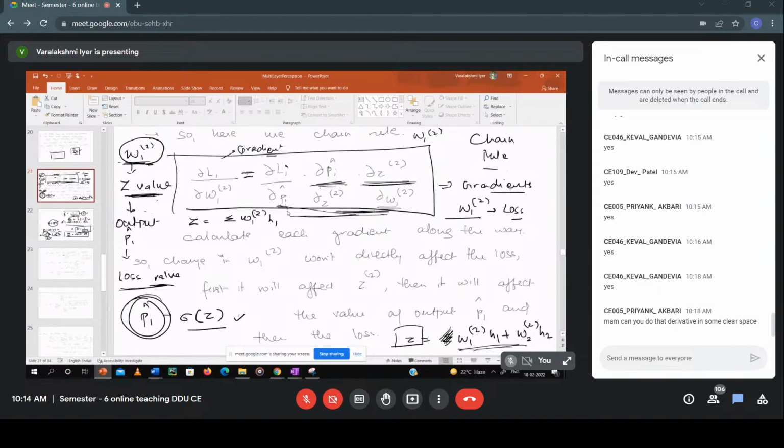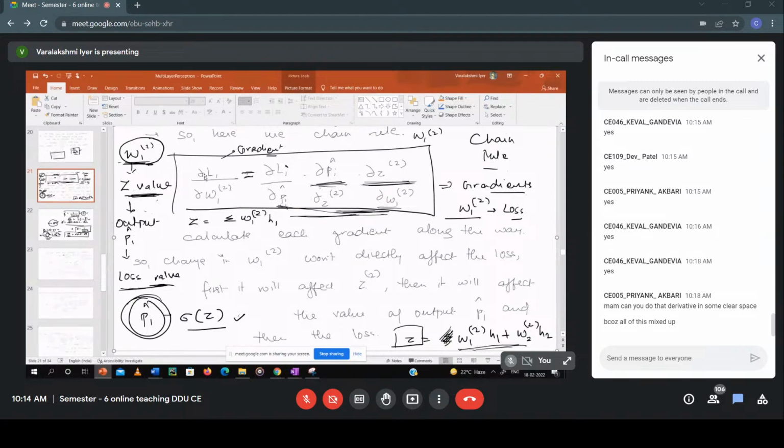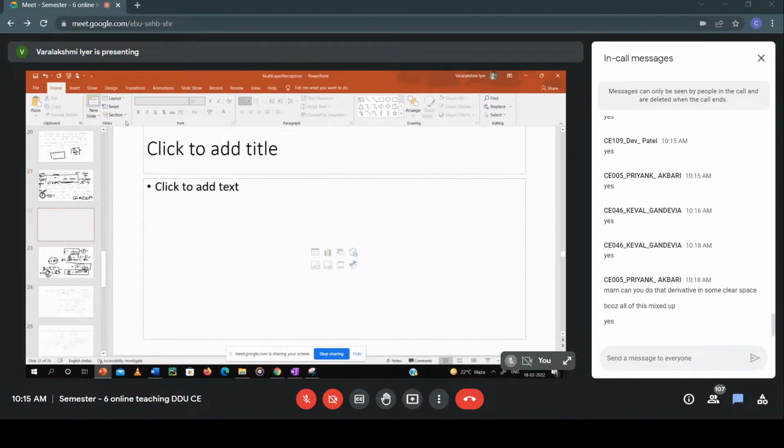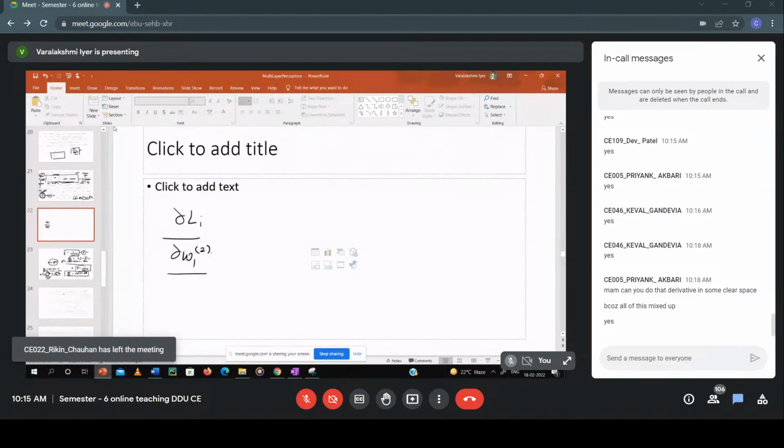So this particular one, del Li upon del W12. Up to Z, where we define Z, that is clear, right? Let me define this particular point here. What we are trying to do is del Li upon del W12, using the chain rule.